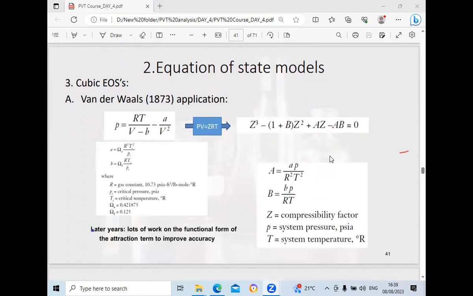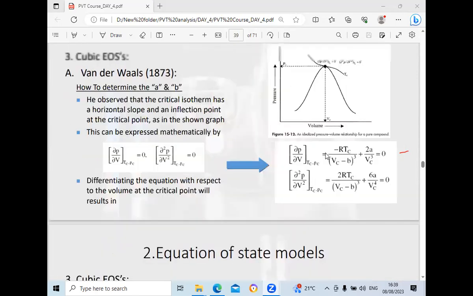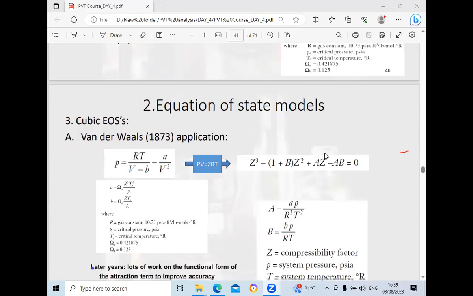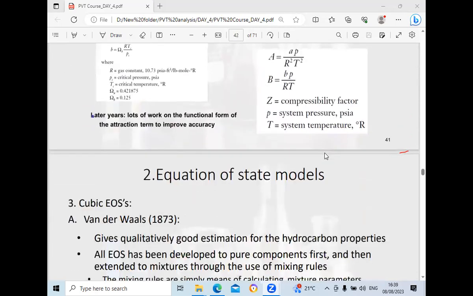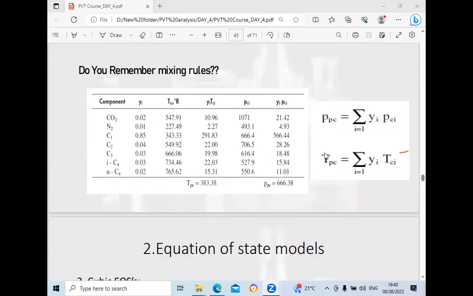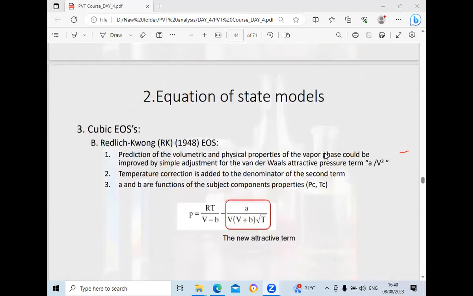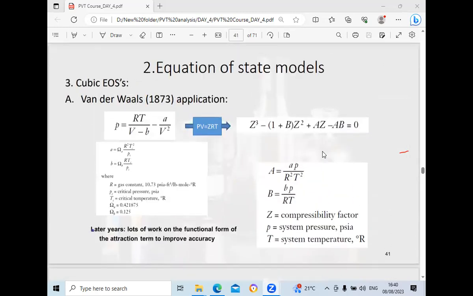All right, so we move to the next. This is still van der Waals. Now the equation can also be simplified by bringing in the relationship PV is equal to ZRT.